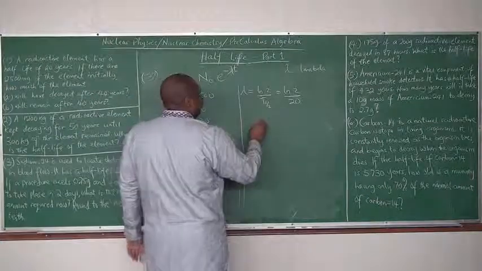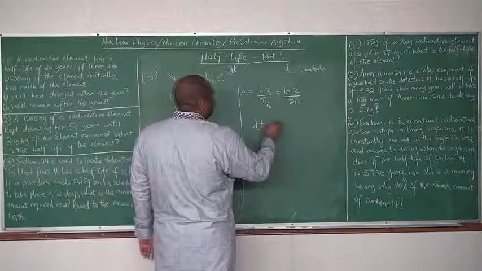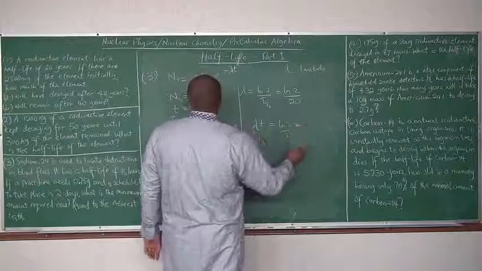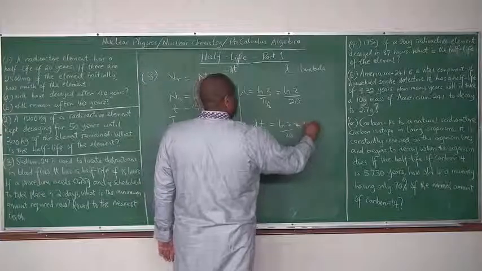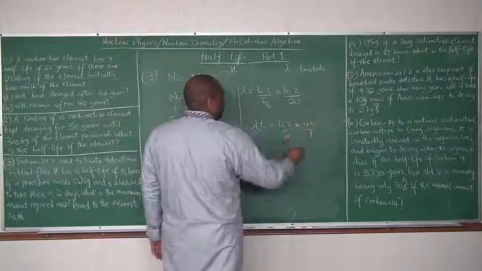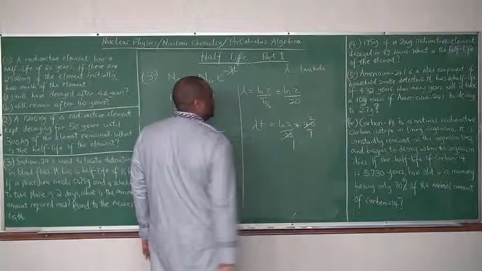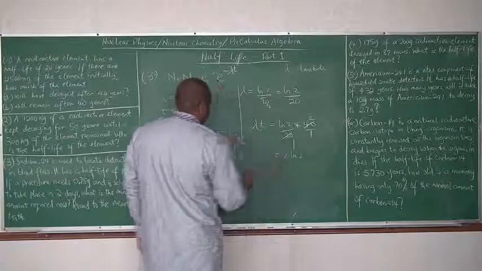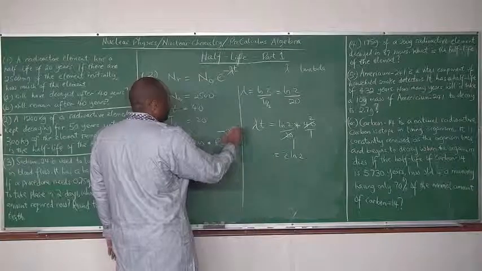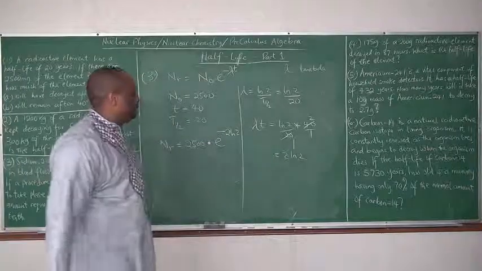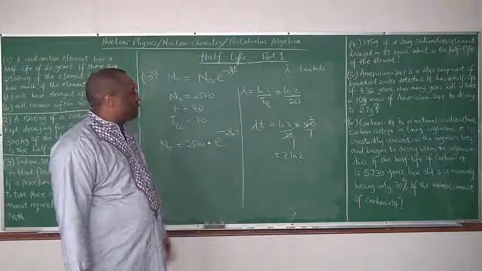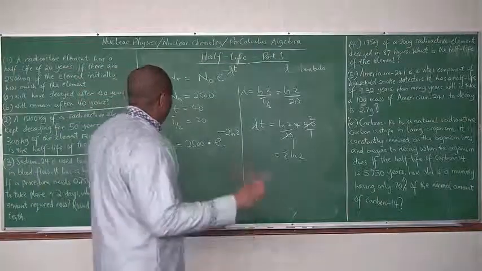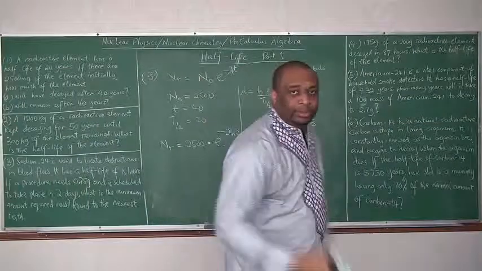Lambda t is ln 2 over 20 times 40, which is 2 ln 2.